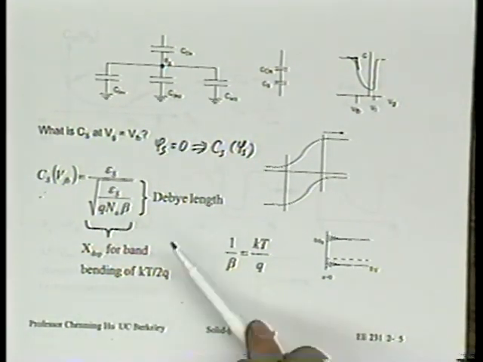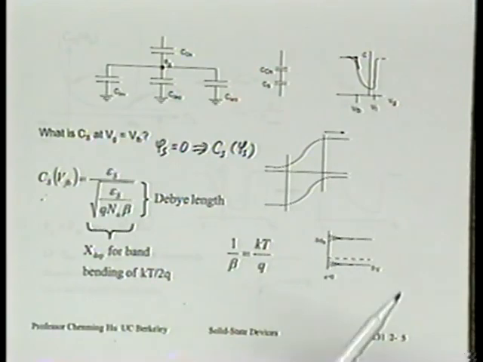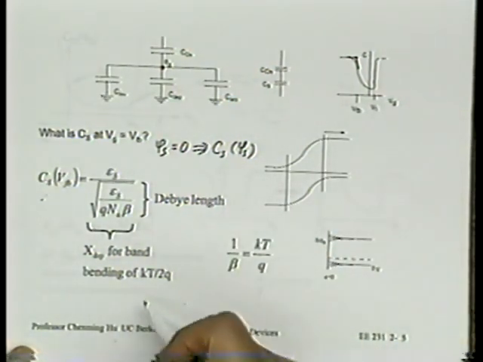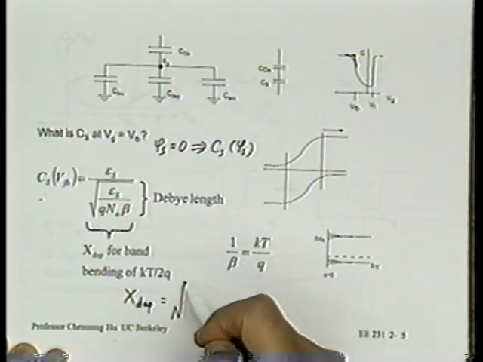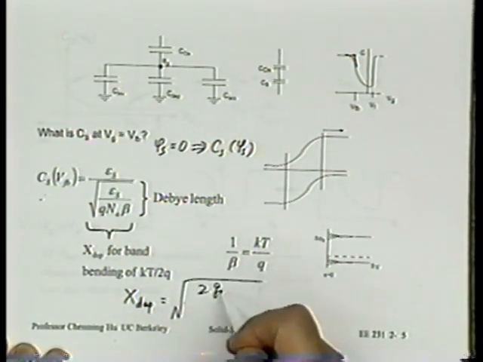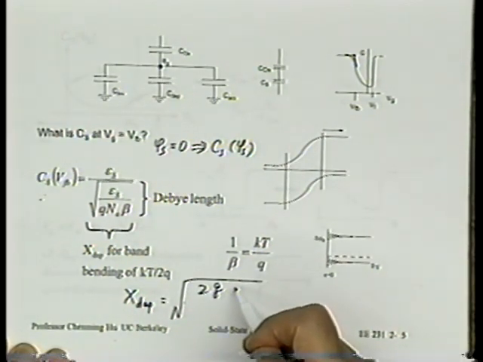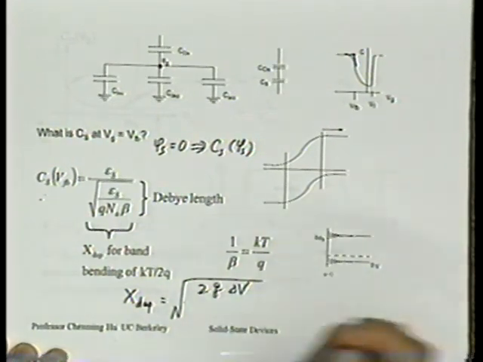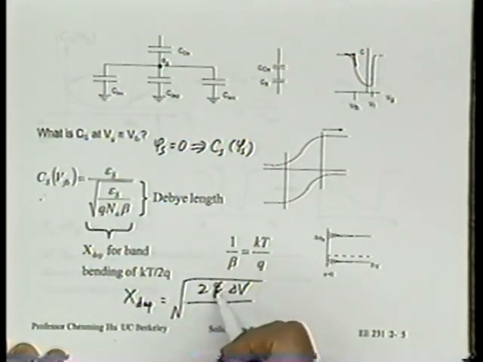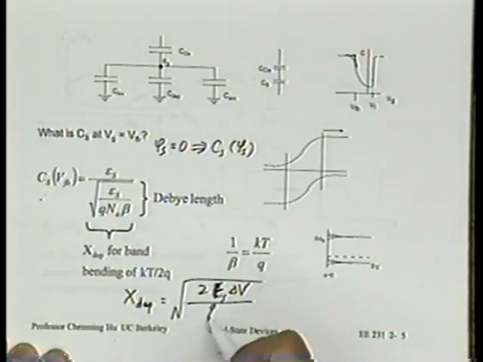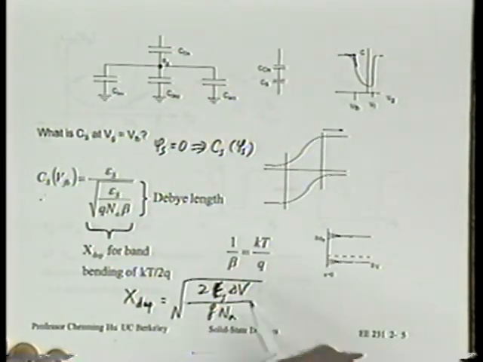If you look at this and compare it with the x depletion expression, you will see the x depletion expression says it's equal to the square root of 2 epsilon s times the band bending, called delta V, the voltage change across the depletion region, divided by q Na.